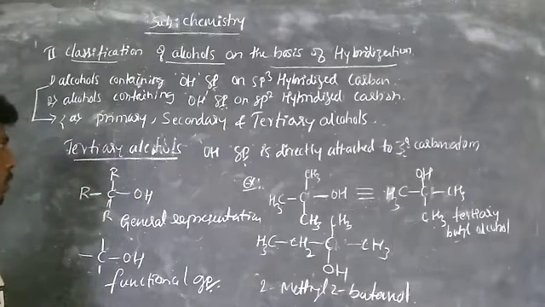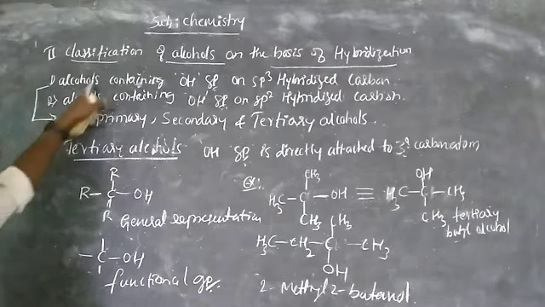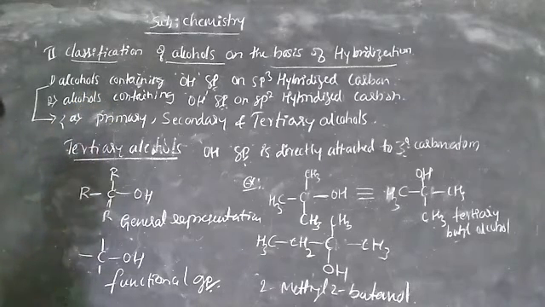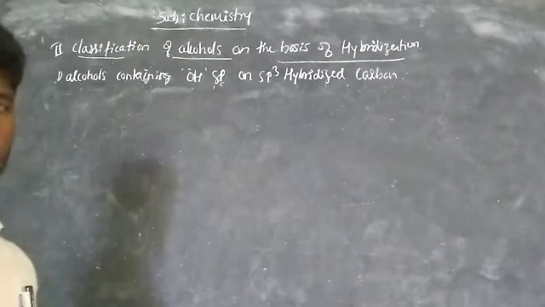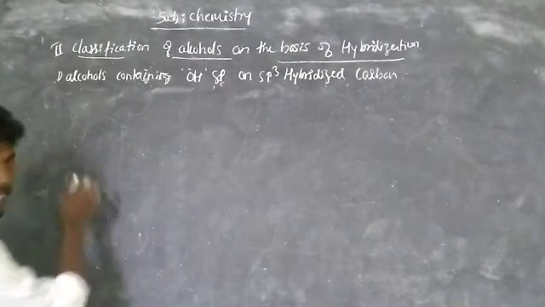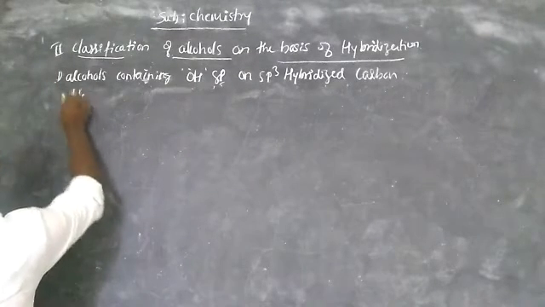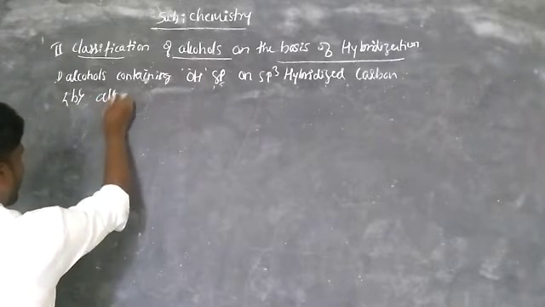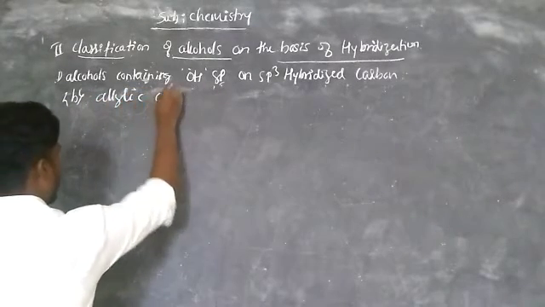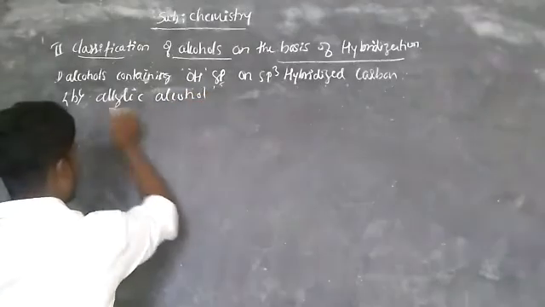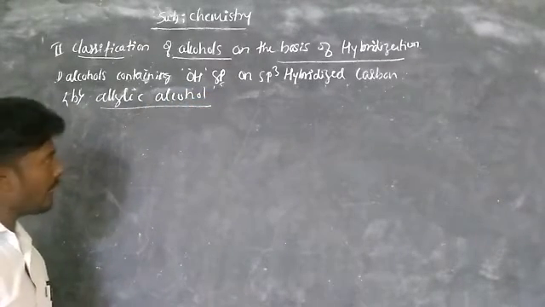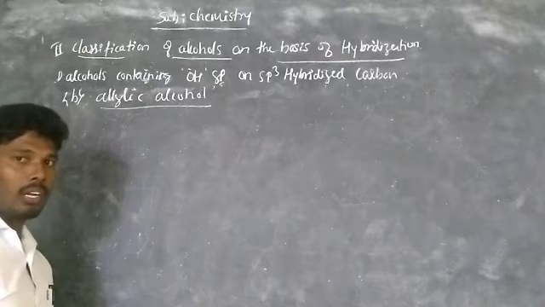and tertiary alcohol. Now take the second one under sp3 hybridization, that is allylic alcohols. The next classification under sp3 is allylic alcohols. Already you studied haloalkanes and aryl haloalkanes also.